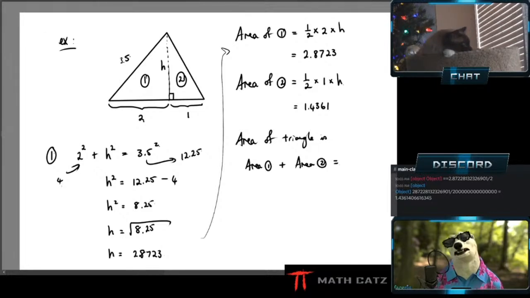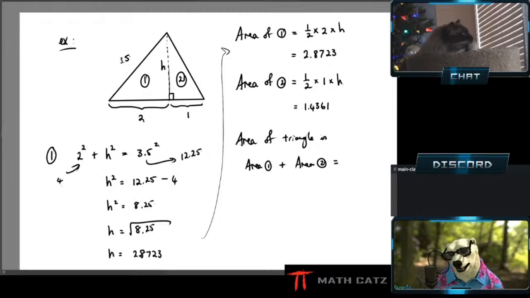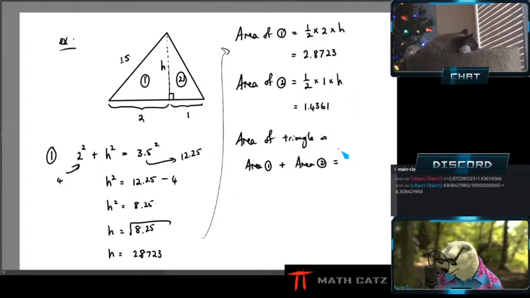When I do multiplication and division, I could lose even more without realizing it. So I want to be as accurate as possible. Let's do it. 2.87228133. 1.436140066 would be enough. And I know to 4 decimal places, my area is 4.3084.